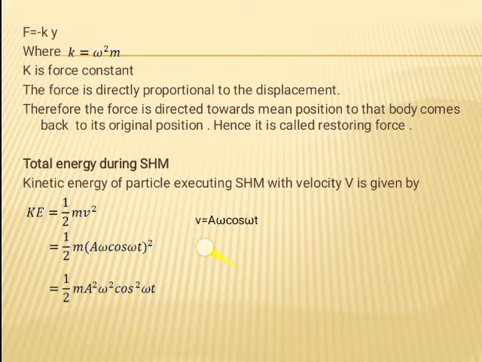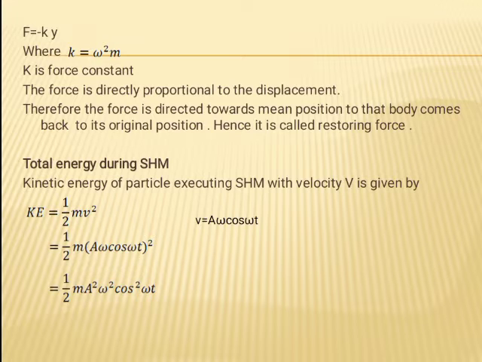I told you when it comes to the extreme end, it is at rest. A particle comes to rest during its extreme point. At that time I can say that the particle has its potential energy.